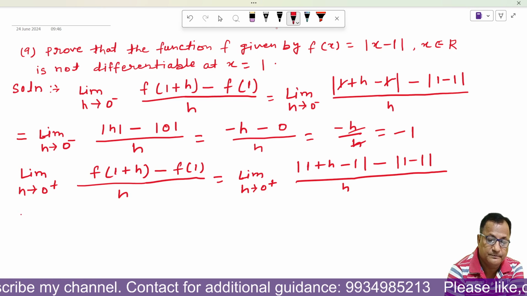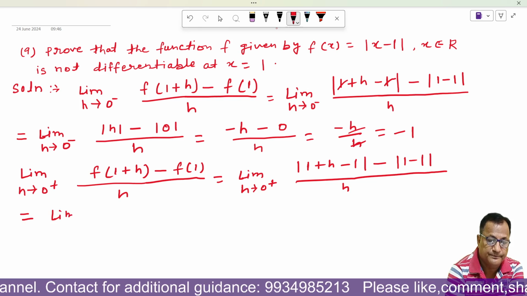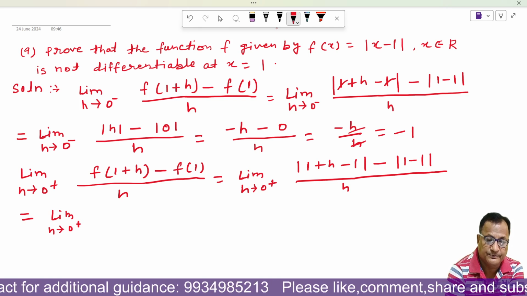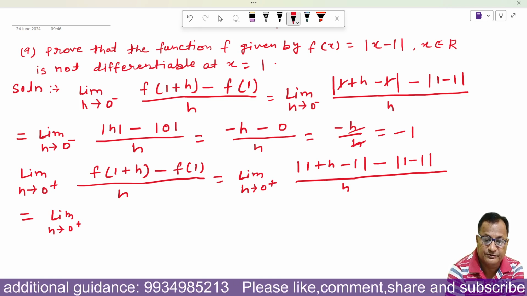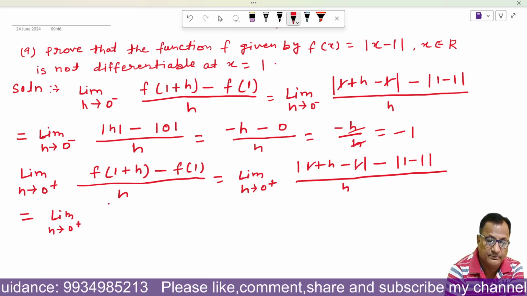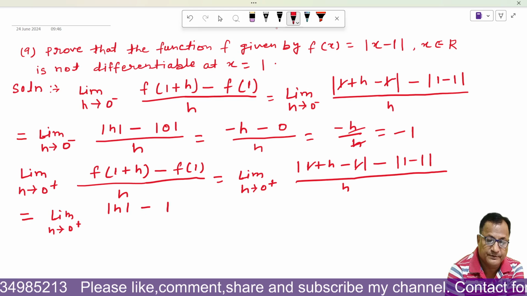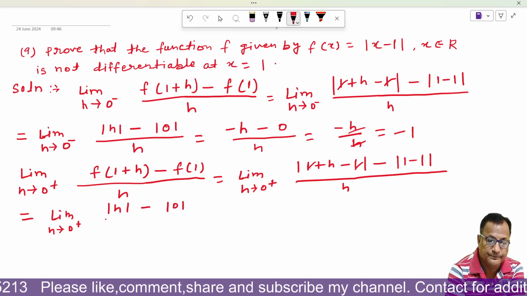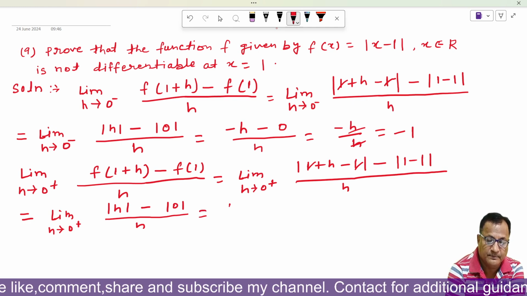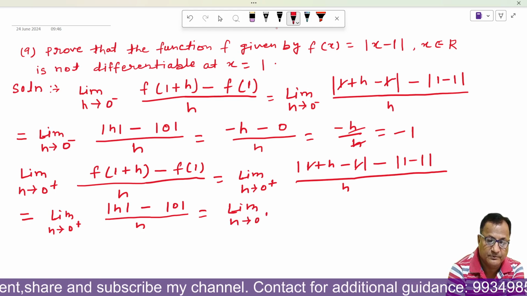Is equal to limit h tends to 0 plus. See, this one and this one will be cut, so it will be |h| minus 0 divided by h, is equal to limit h tends to 0 plus.